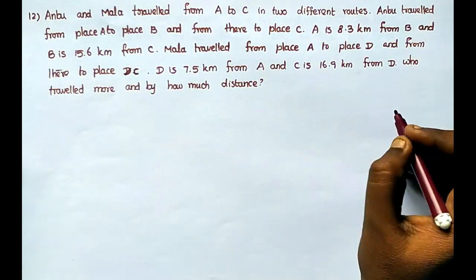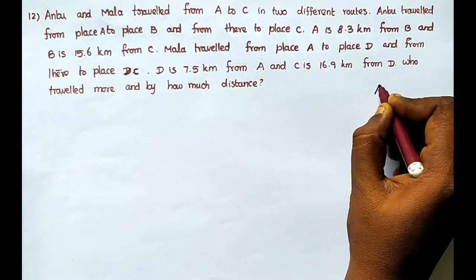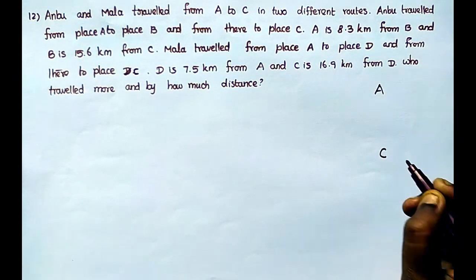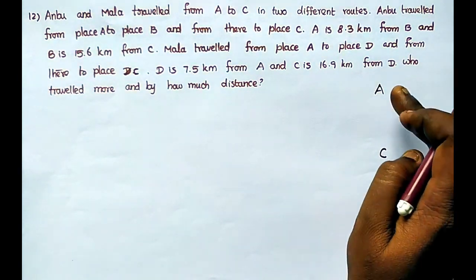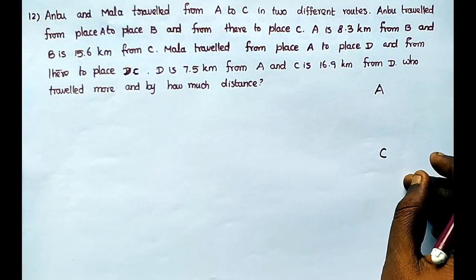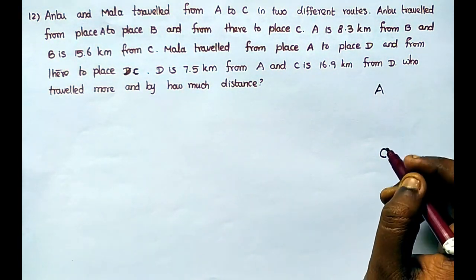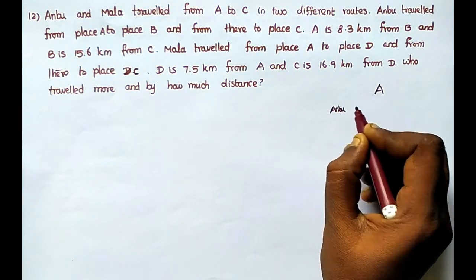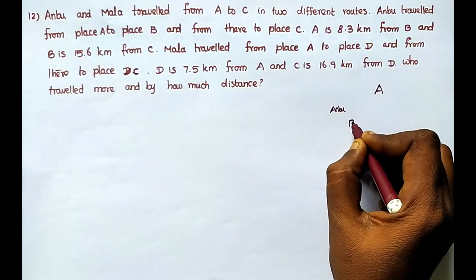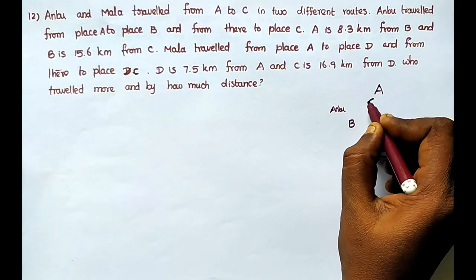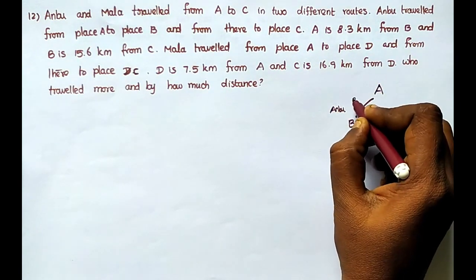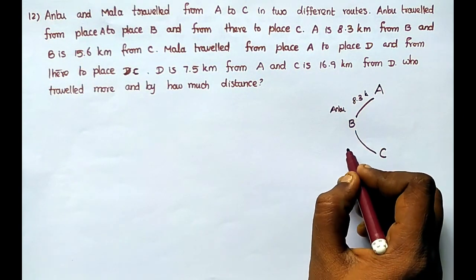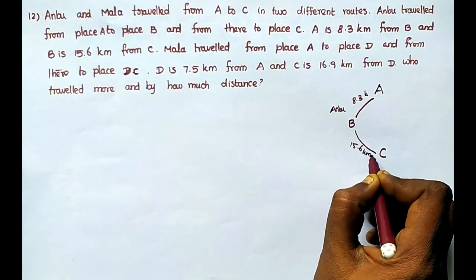Listen, Mala and Anbu, imagine that from A to C, from here they want to travel. Anbu comes this route through B. A to B how much? 8.3 km and B to C, that is 15.6 km.